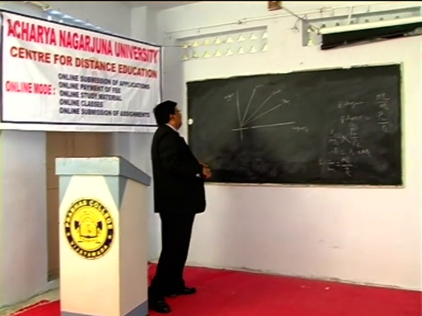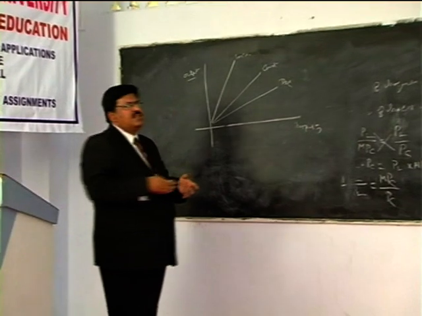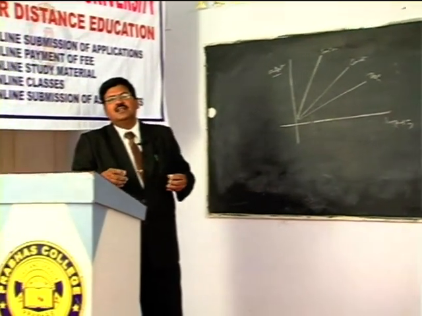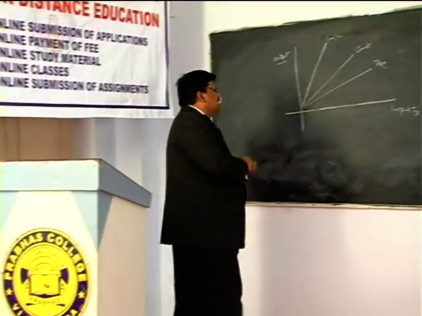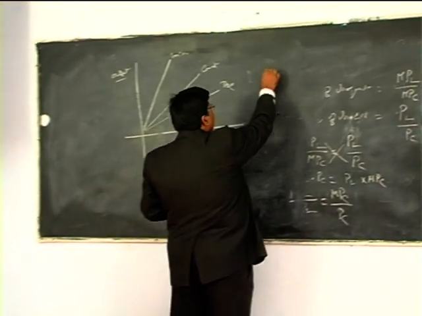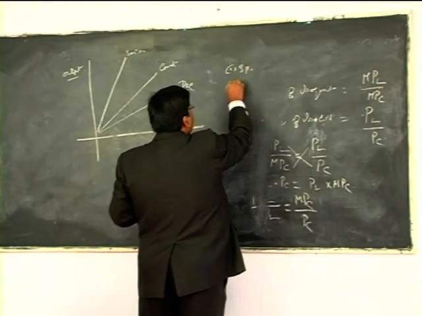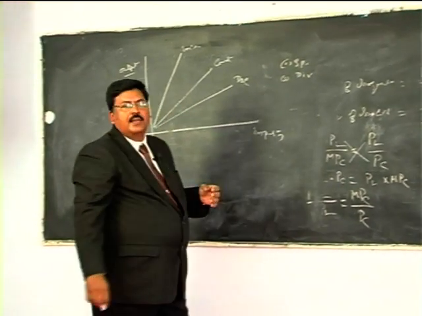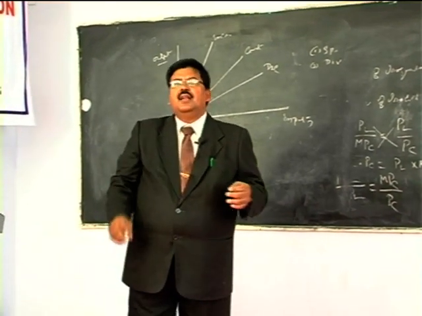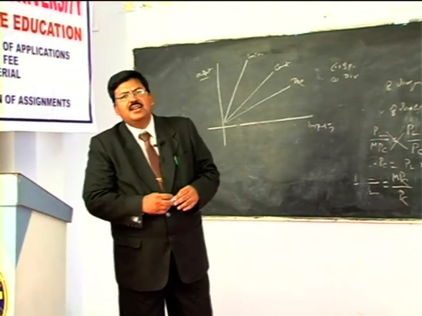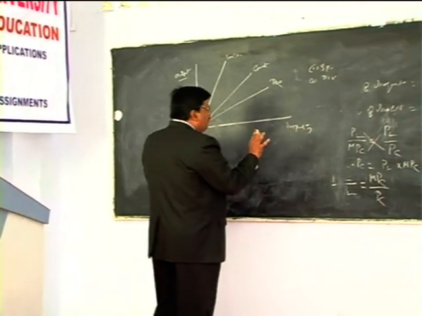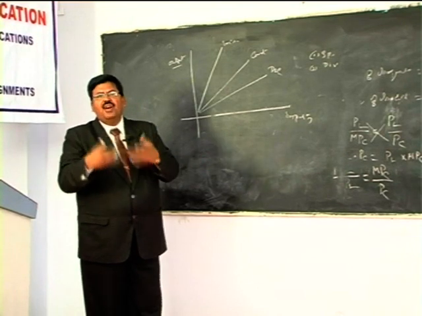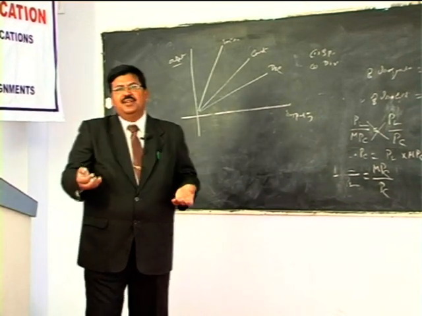So, initially a firm enjoys the benefits of increasing returns because of certain advantages like specialization, division of labor. And you can also explain it by purely dimensional reasons. For example, if the diameter of a pipe is doubled, the flow of water through it is more than double.